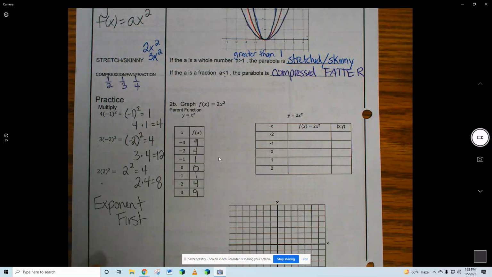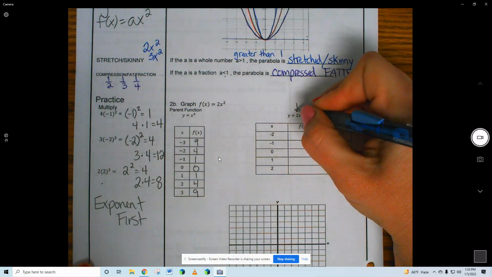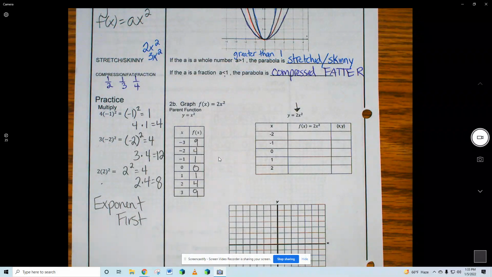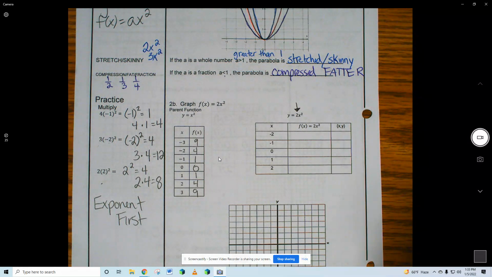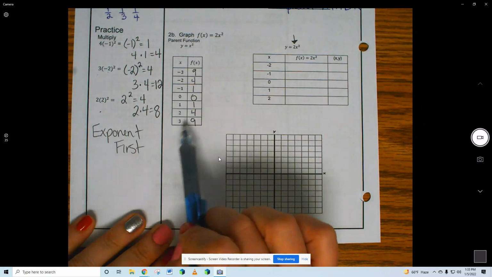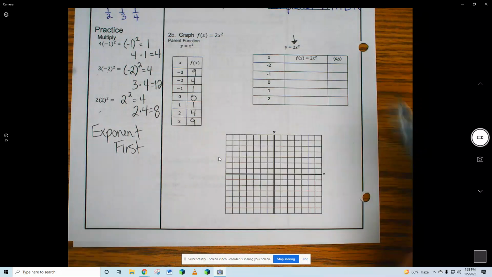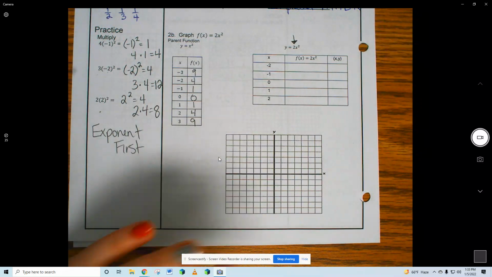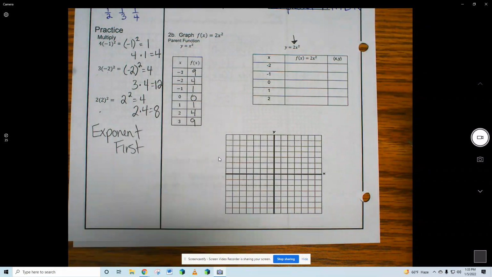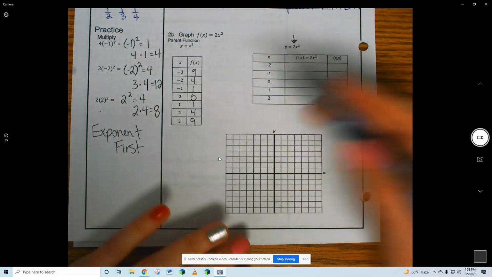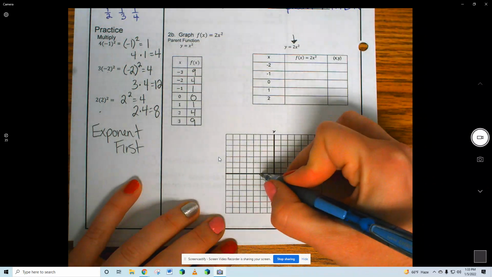And then here, I put a 2 in. So first, let's graph my parent function, on the left in pencil. I obviously can't do -3, 9. I just don't have the space. But I can do -2, 4: 2 to the left, 4 up.